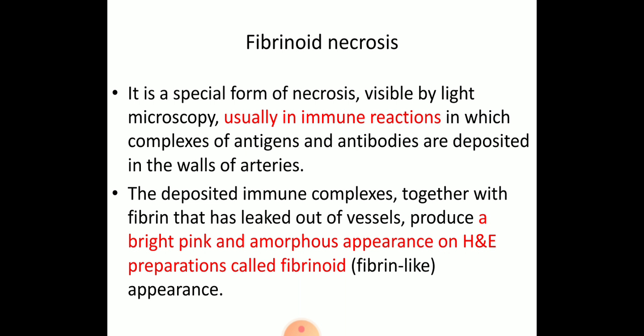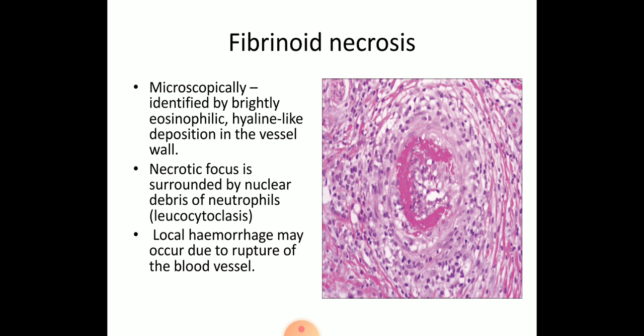Now fibrinoid necrosis. It is a special form of necrosis visible only by light microscopy, usually in immune reactions in which complexes of antigen and antibody are deposited in the wall of arteries. The deposited immune complex together with the fibrin that leaked out of the vessels produces a bright pink and amorphous appearance that is called fibrinoid or fibrin-like appearance.